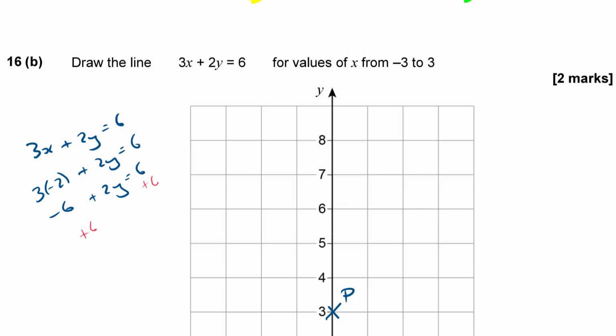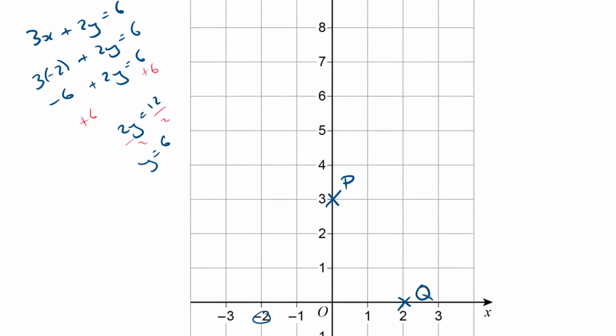Adding 6 to both sides gives me 2y is 12, and dividing both sides by 2 gives me y is equal to 6. So at x = -2, y is equal to 6. That just gives me another point to plot, just to make sure I can line up my ruler nicely. Now I'm happy I've got enough information to draw the line.